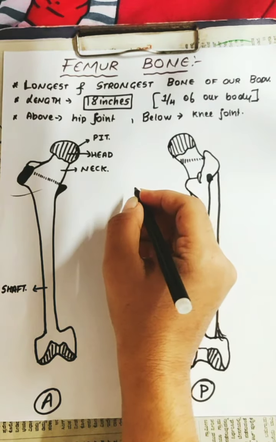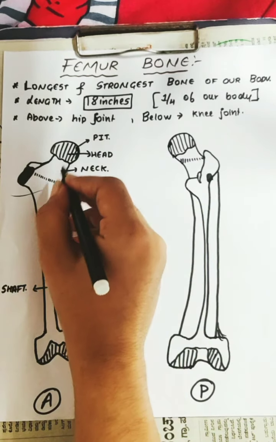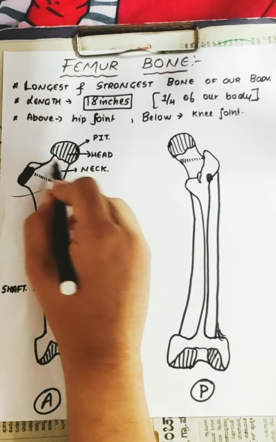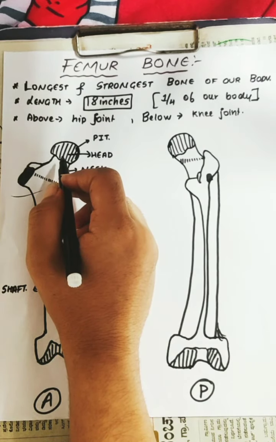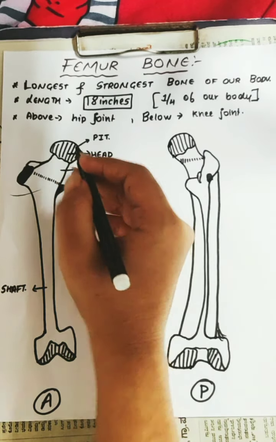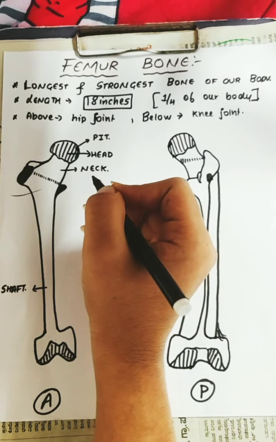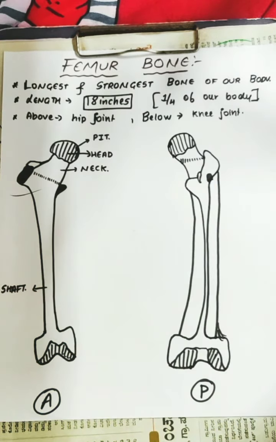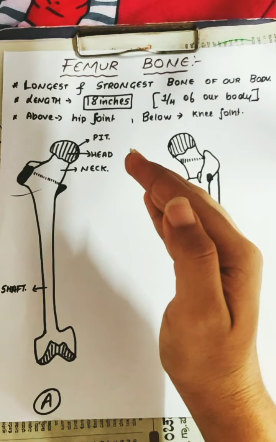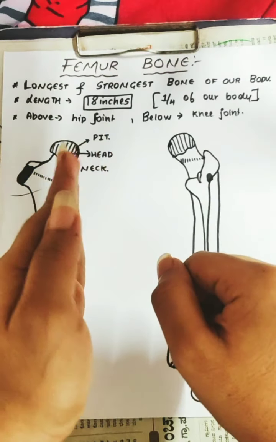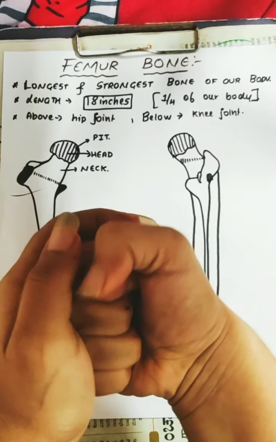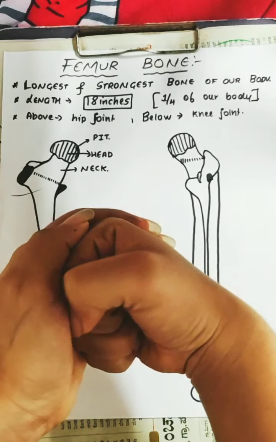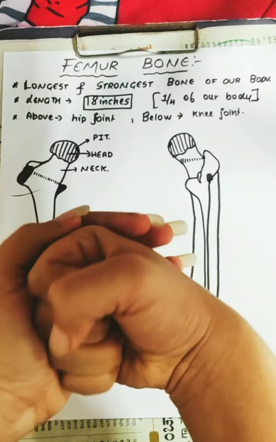The head is 2/3 of a sphere, a spherical structure, which articulates with the acetabulum of the hip bone to form the hip joint. This is the head of the femur and this is the acetabulum.